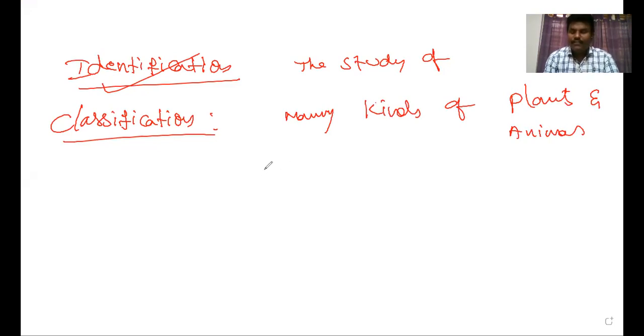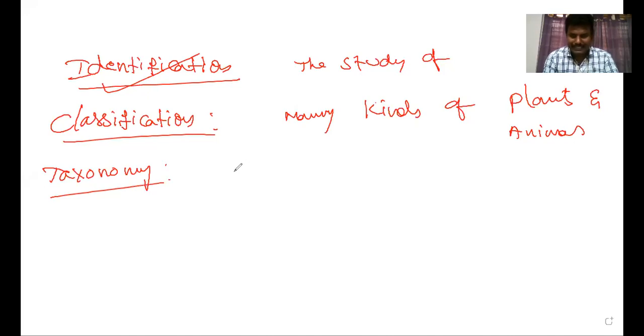The method of arranging and grouping of organisms into various divisions on the basis of their external features is called classification. Classification is a very important step for nomenclature.